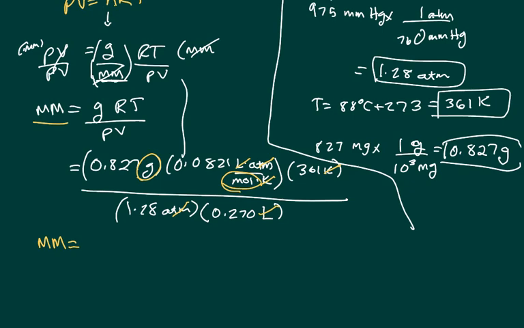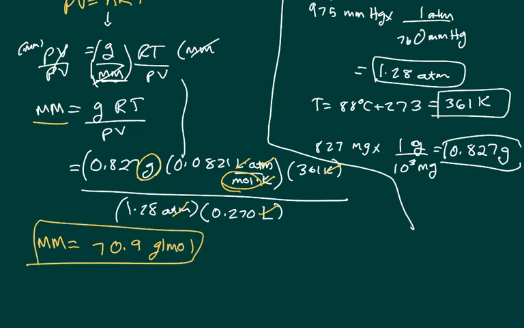And we're going to divide by the bottom part, but you're going to close it off in parentheses. So you get 70.9 grams per mole. That's your molar mass.